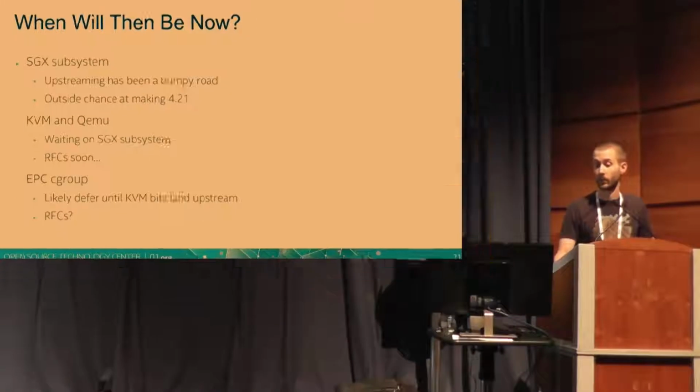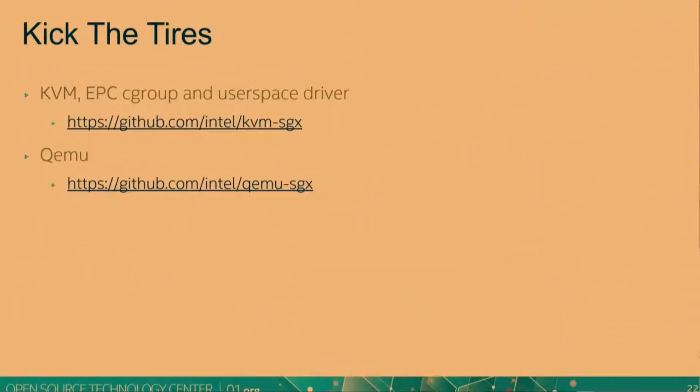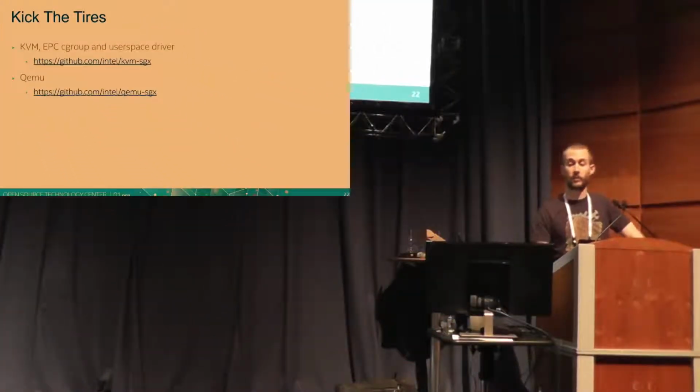But while we're waiting, I'll be getting some RFCs out very soon, hopefully. I was hoping to get them out before this talk, but that didn't happen. As far as the cgroup, likely it'll be deferred until well after the KVM bits land upstream. If you want to play around with things, there are links here for both the QEMU and KVM bits. The KVM side also has the cgroup code and the user space driver.